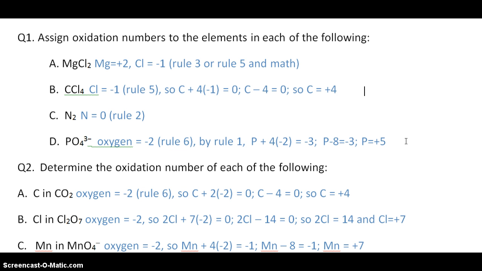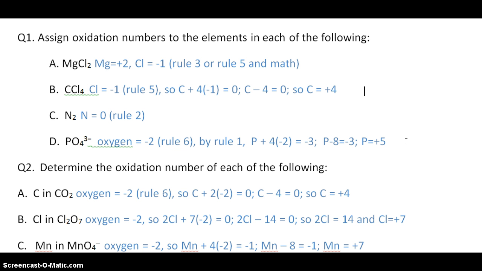But it isn't, so it's -2. We'll do the math and say that the oxidation number of carbon plus 2 times the oxidation number of oxygen has to equal 0. So carbon minus 4 is equal to 0. And you add 4 to both sides of that equation and you find out the oxidation number of carbon is +4.